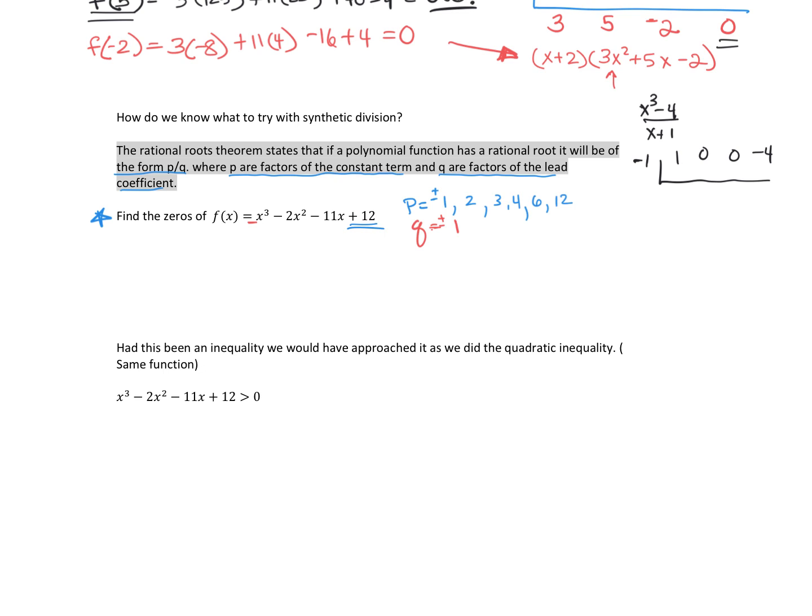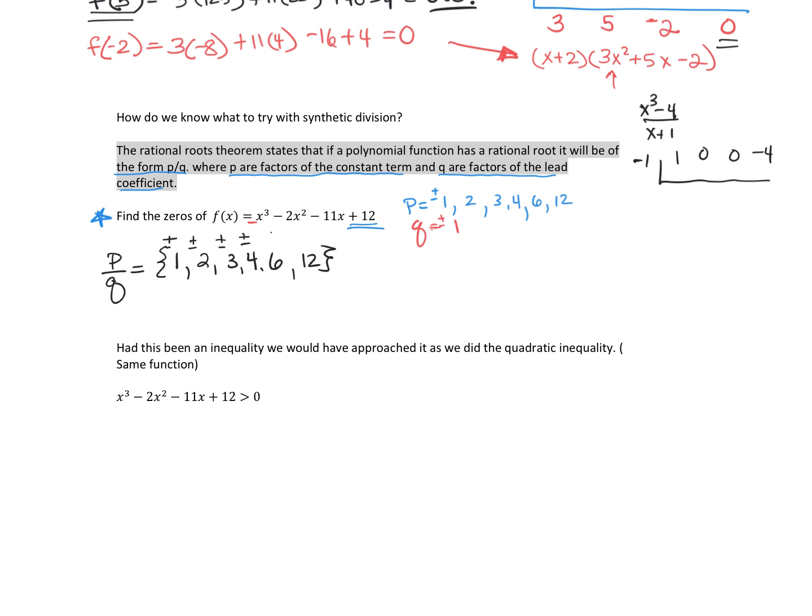Okay, so what we want for the things that we should try in our synthetic division is every possible p over q. So in this case, 1 over 1, which is 1, 2 over 1, 3 over 1, 4 over 1, 6 over 1, and 12 over 1, and of course positive or negative each one of these.